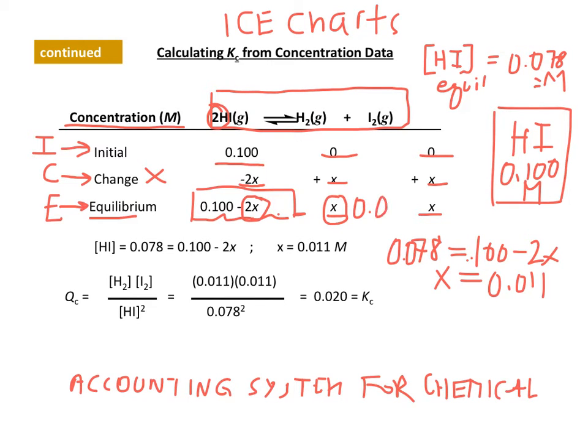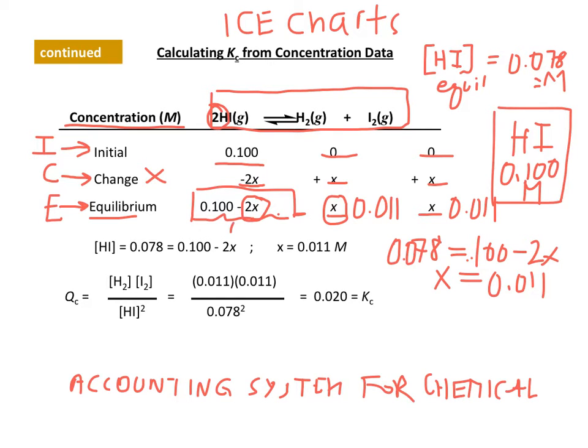We can calculate this up here, well, we actually don't have to, right? We know what this is. This concentration was 0.078.